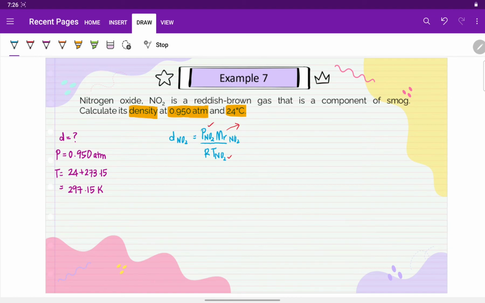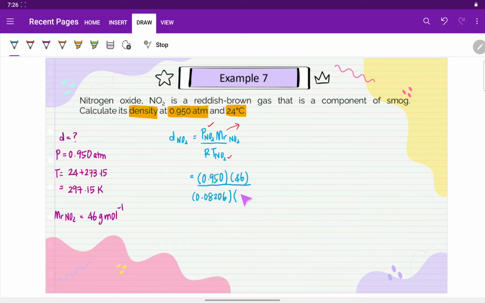Okay, jadi substitute sahaja. Okay, so pressure kita dekat sini adalah 0.950 atm. Molar mass, okay, awak akan cari molar mass of NO2 will be 46 gram per mole. Okay, and then our gas constant 0.08206.